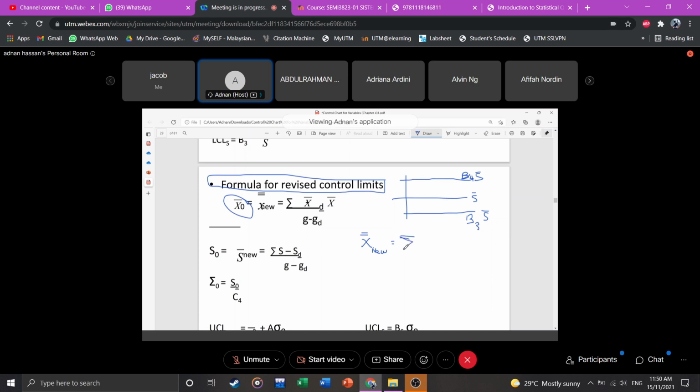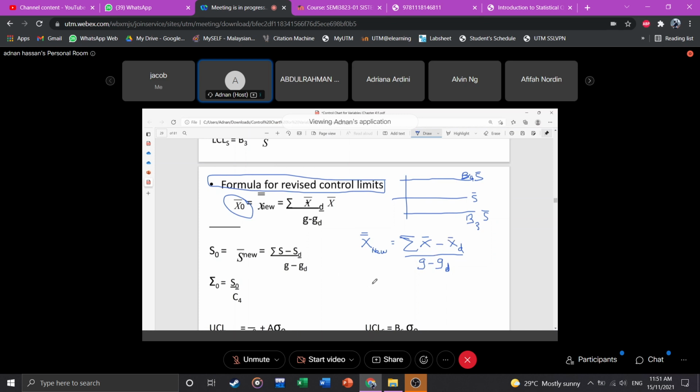So you have the summation of X bar minus the summation of whatever you discard, the value of what you discard, divided by the number of G, originally maybe 25, minus the G that you discard. So this is the value that you remove, you throw away.